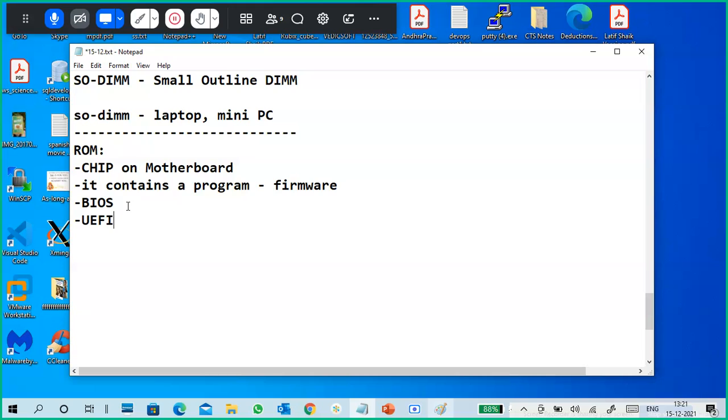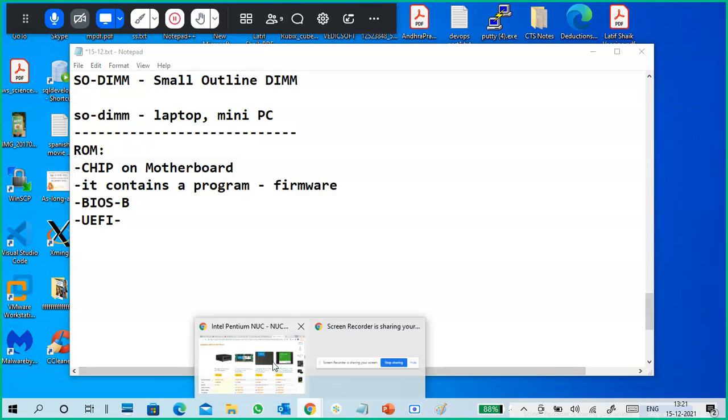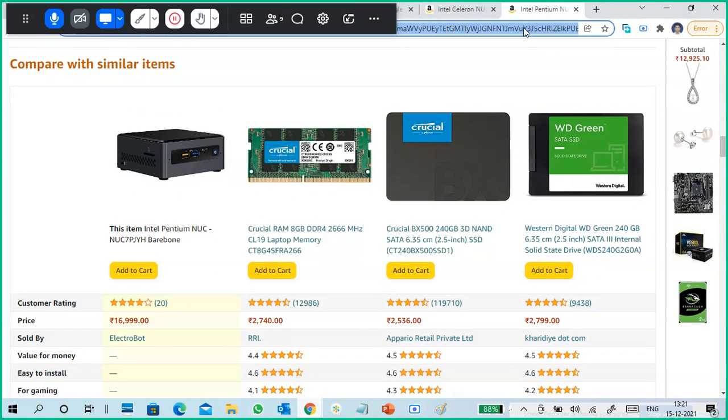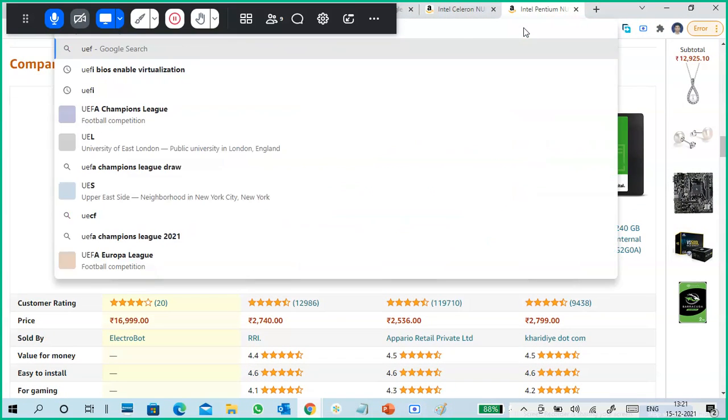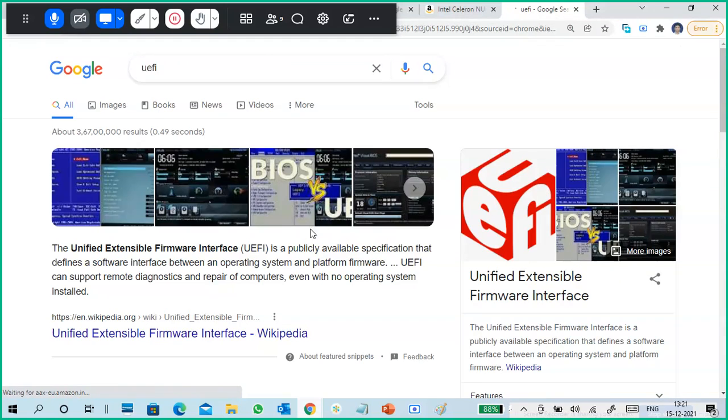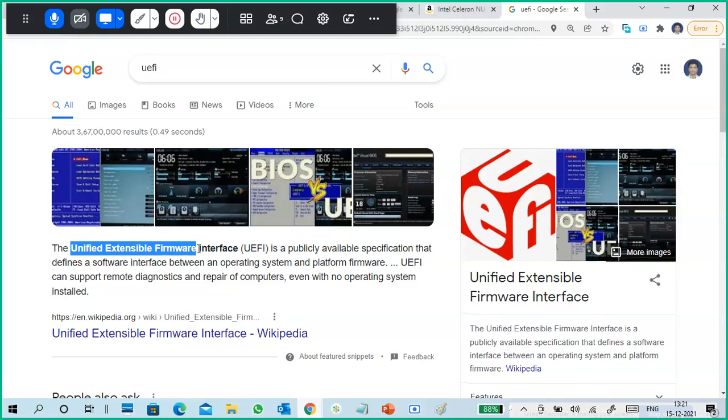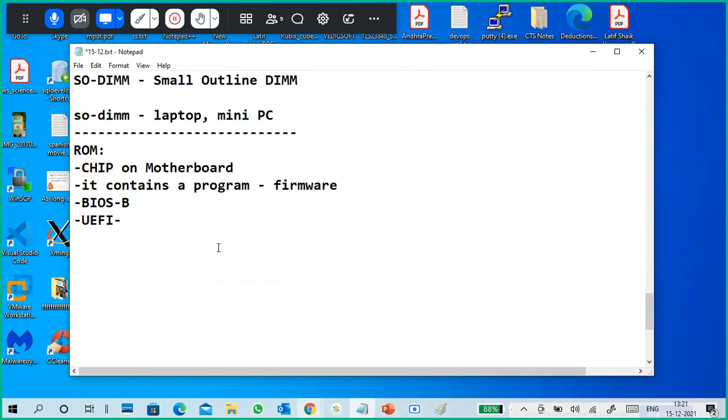UEFI, BIOS and UEFI. BIOS means, will anybody tell what BIOS is? I will tell UEFI. Spelling is difficult for me, that's why I copy pasted.